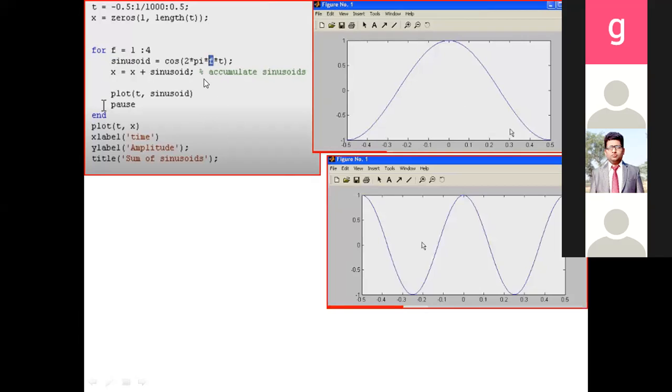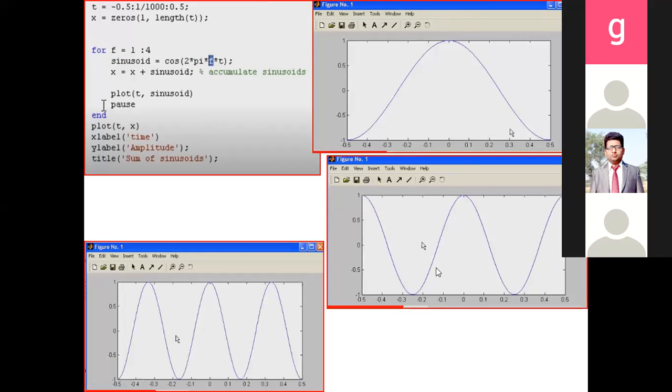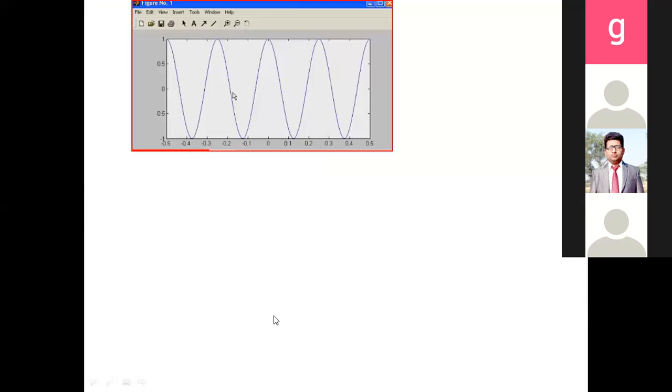F equals 2, I get two sinusoids. F equals 3, I get three sinusoids. F equals 4, I get four sinusoids, and f equals 5, I get five sinusoids. I have not given the fifth sinusoid figure.